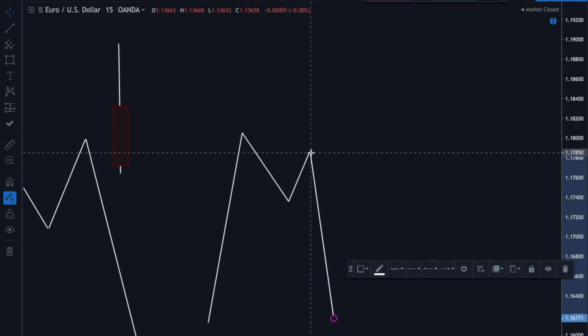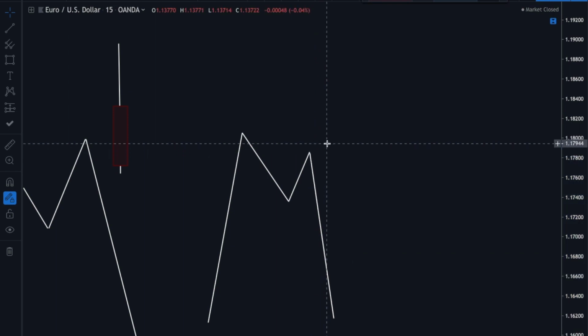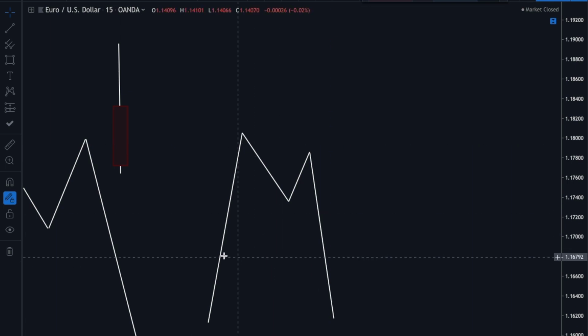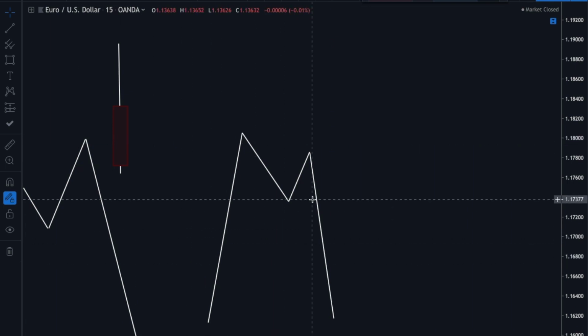Have you ever been in a trade, wrong in the direction, sitting there for an hour or 2 hours, thinking, man, if this trade just gets back to break even, I'm out? I'm done. I'll be happy if I can just break even. Have you ever gone through that before? You probably have. This is exactly why. So those are the two variations of the M pattern that you'll see.